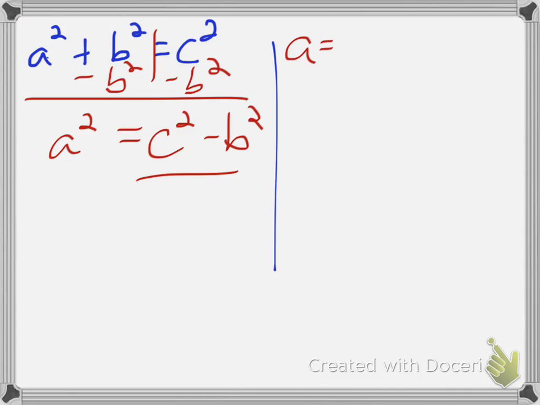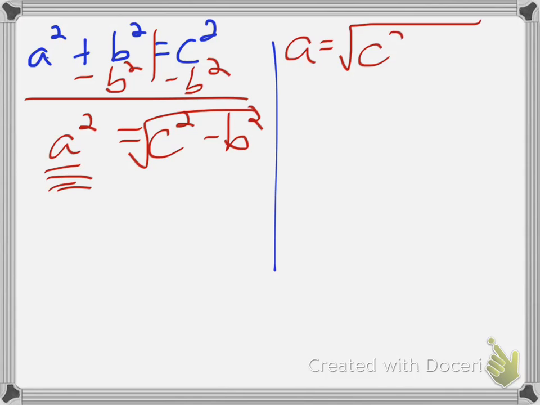Now we can't subtract these two because they're not like terms, if you remember that from last year. And then this is what this area equals, so we had to take the square root of it. So when we're done, we end up getting A is equal to the square root of C squared minus B squared.